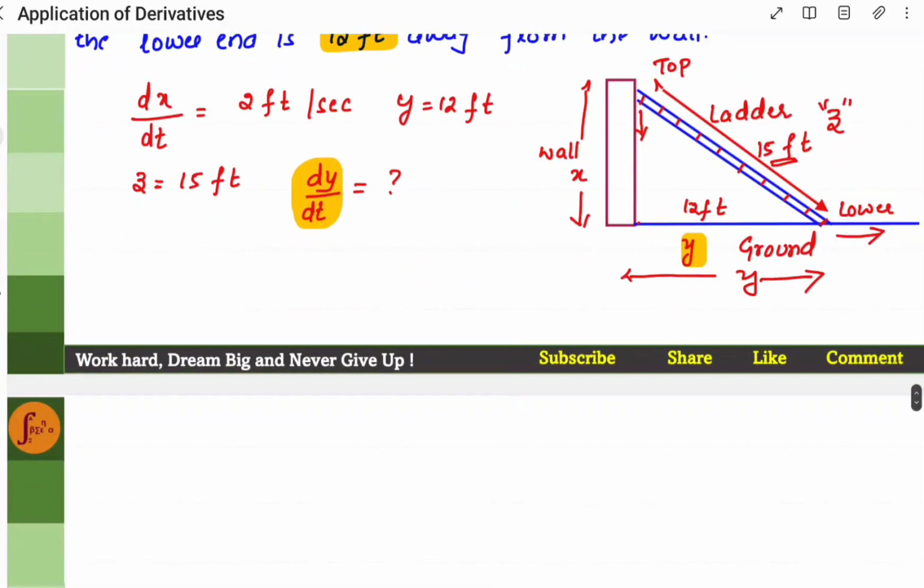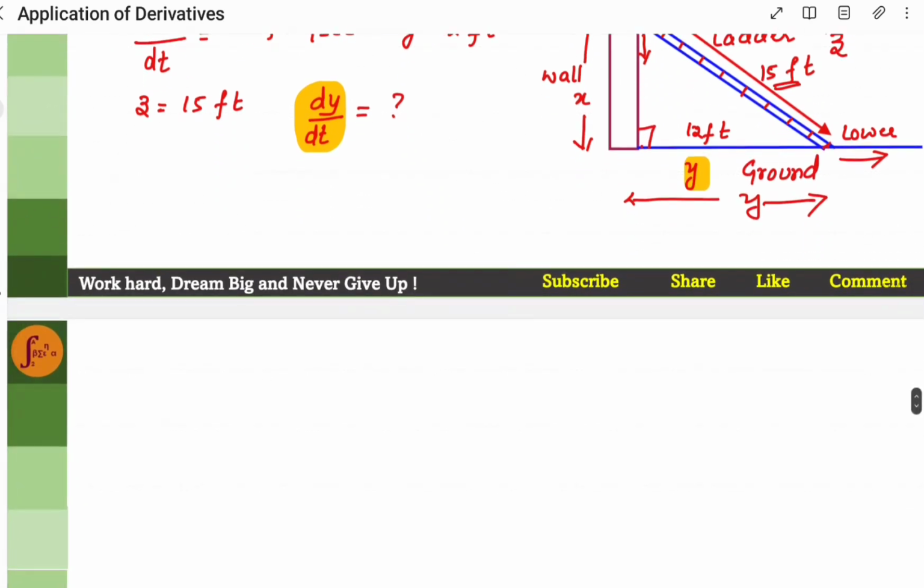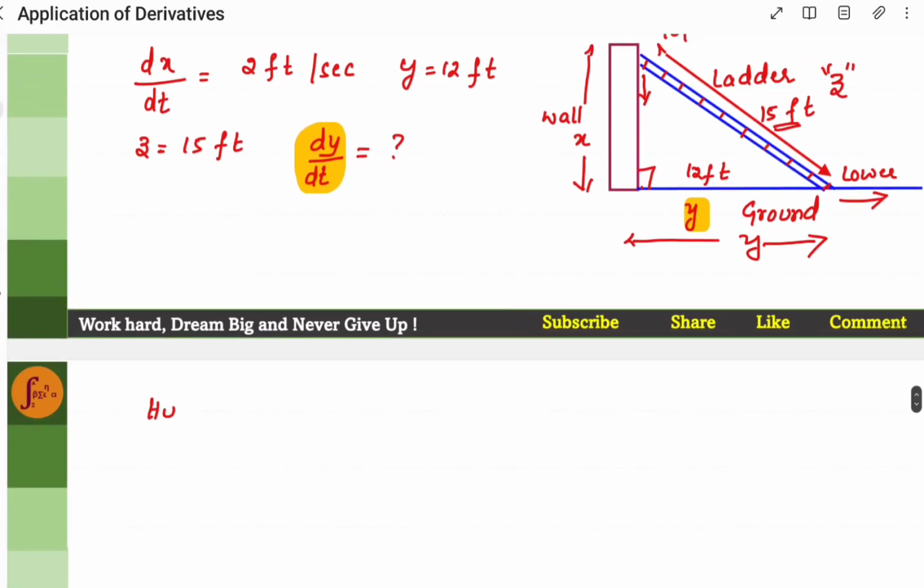Now we'll have to use Pythagoras. If you notice, this is a right angle triangle. What is the formula for a right angle triangle? It's the Pythagoras theorem. Hypotenuse square is equal to length square plus breadth square.